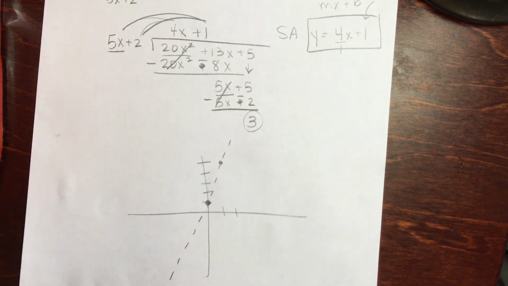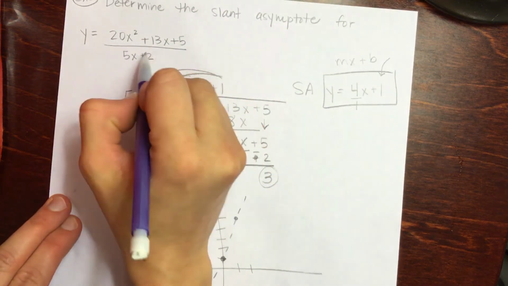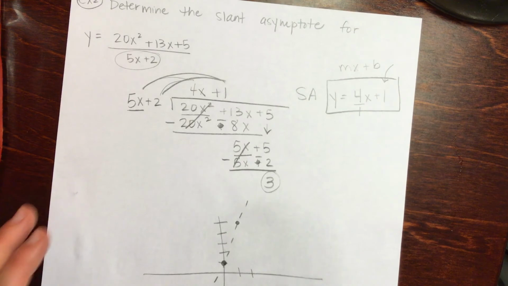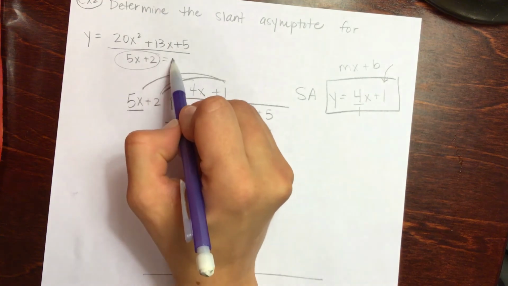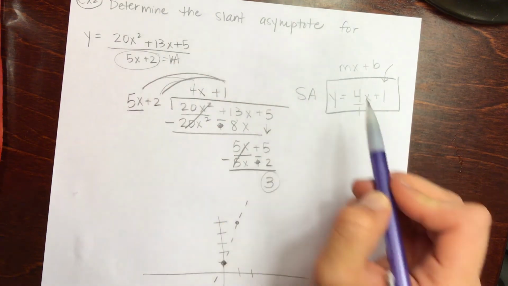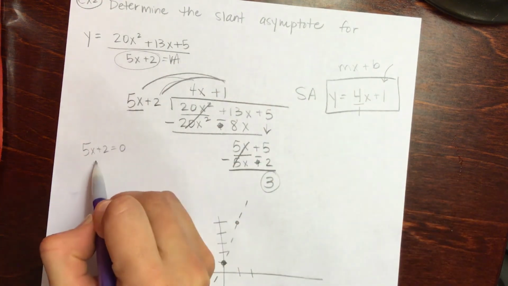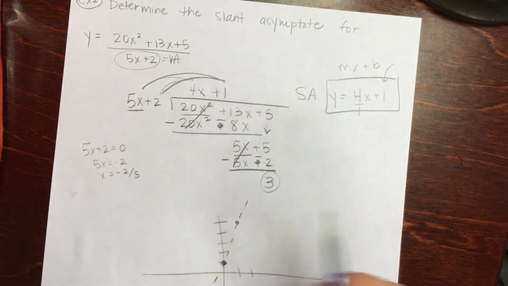If I also wanted to graph my vertical asymptote, remember your vertical asymptote comes from the denominator. This top part doesn't factor, so that means I'm not going to have any holes. So that means this is for sure my vertical asymptote. It's not a hole. And so that would be negative 2/5.